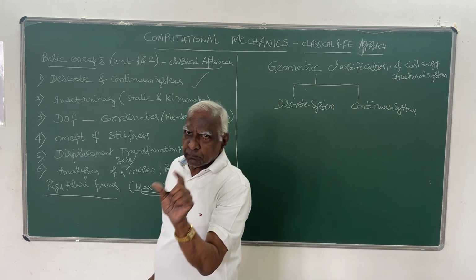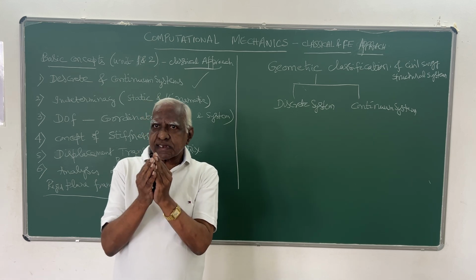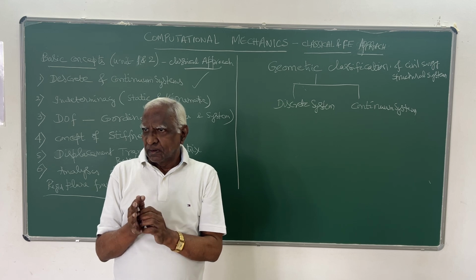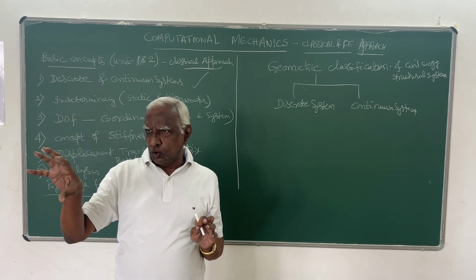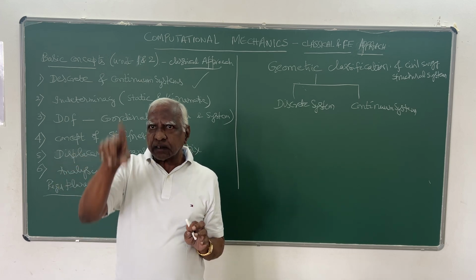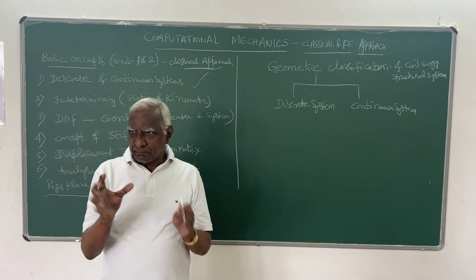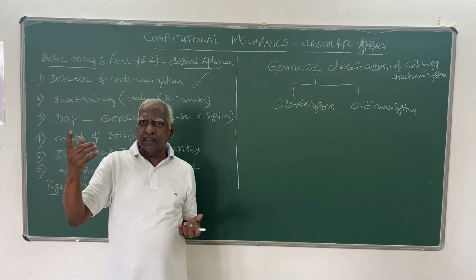Geometrical classification means it deals with the volume of the structure. Any structure or body will have volume. It can be seen by the naked eye. That means it has some volume. Volume means it is the product of three dimensions, that is length, breadth and thickness, or length, width and thickness.